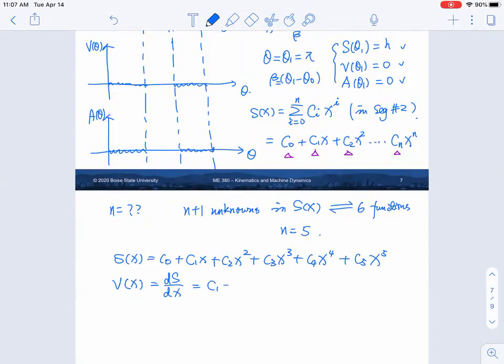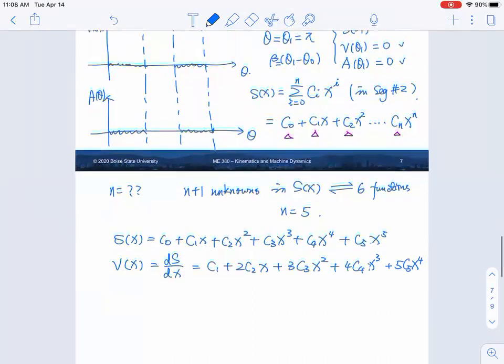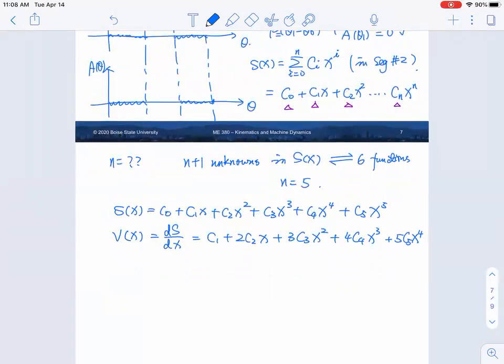So that's C1, 2C2x plus 3C3x squared plus 4C4x cubed plus 5C5x to the fourth. But so that's how you get your V in X domain.